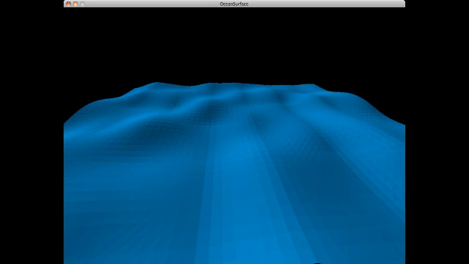interpolate their height positions from the vertices in the noise grid.